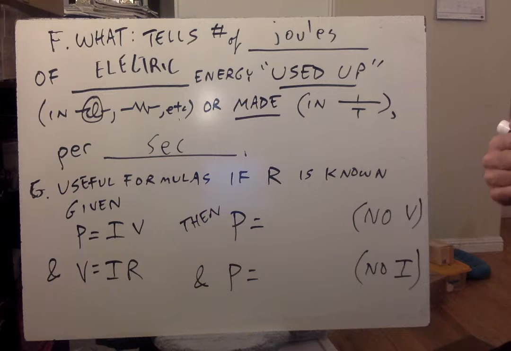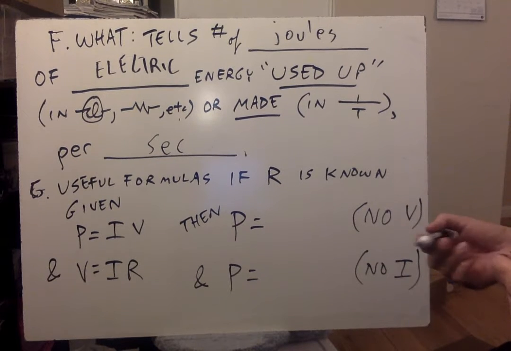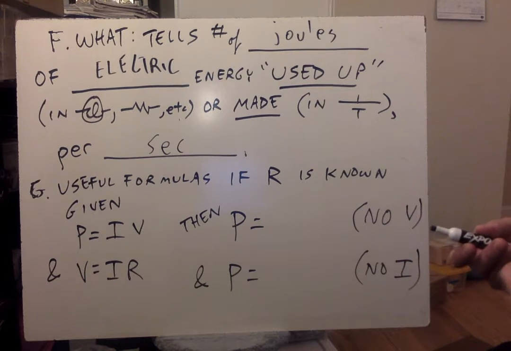All right, at times you'll be working with devices where the resistance is known, and it's very simple to know. For example, on a resistor, you can tell by looking at the resistor, at the color code. When you buy a light bulb, you can often look at the light bulb and tell what its resistance is, although that's a little tricky because devices that get warmer have an increase in resistance as the temperature changes.